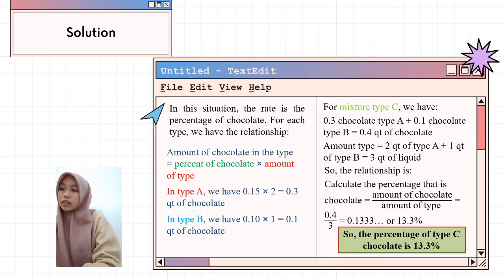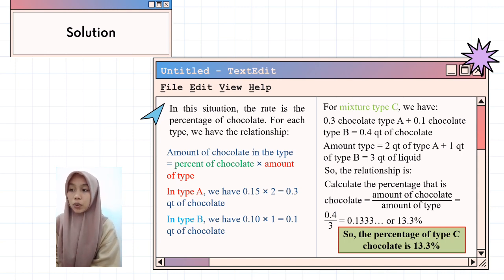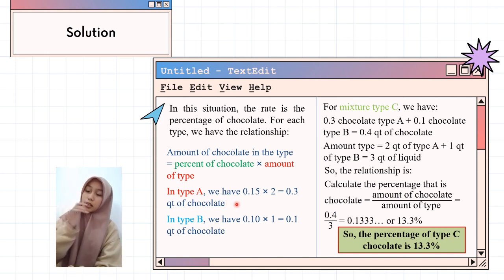In this situation, the rate is the percentage of chocolate. For each type, we have the relationship: amount of chocolate in the type equals percent of chocolate times amount of type. In type A, we have 0.15 times 2 equals 0.3 quart of chocolate.